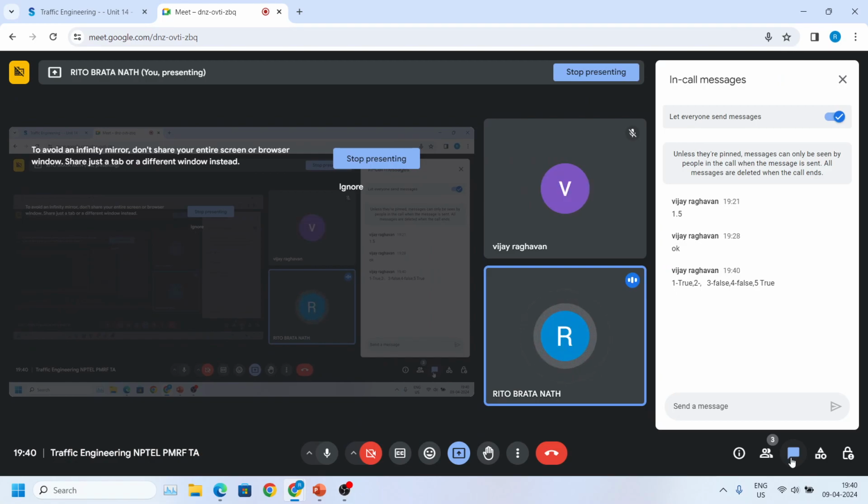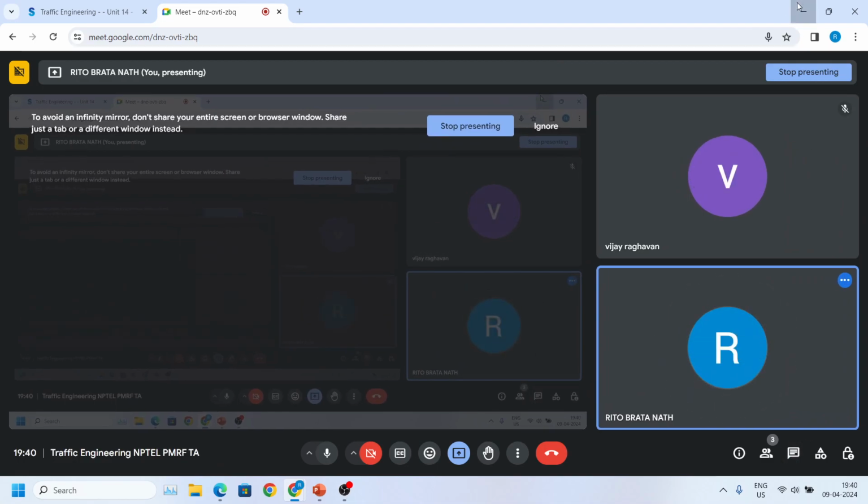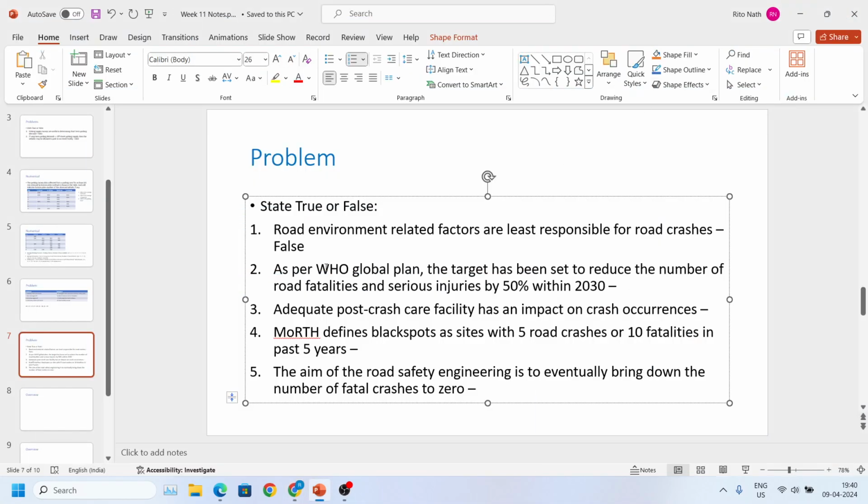Okay, so yeah, first one is actually not true. This is false. For the next one, as per this WHO global plan, the target has been set to reduce the number of road fatalities and serious injuries by 50% within 2030.